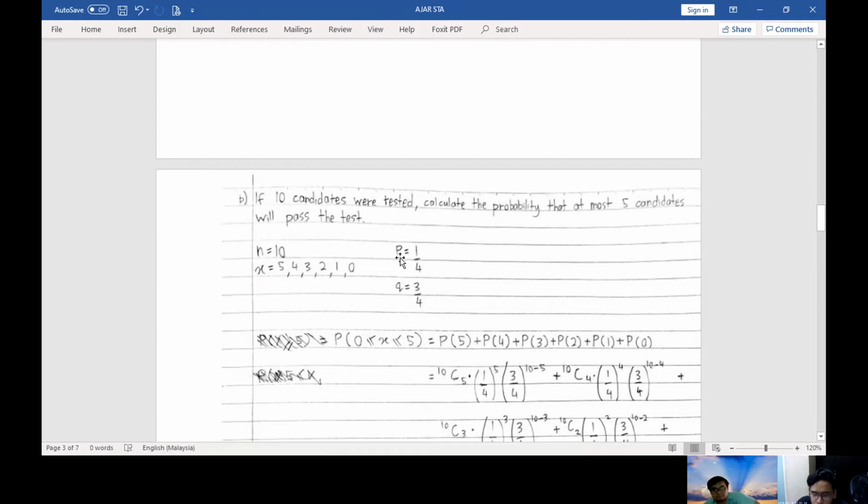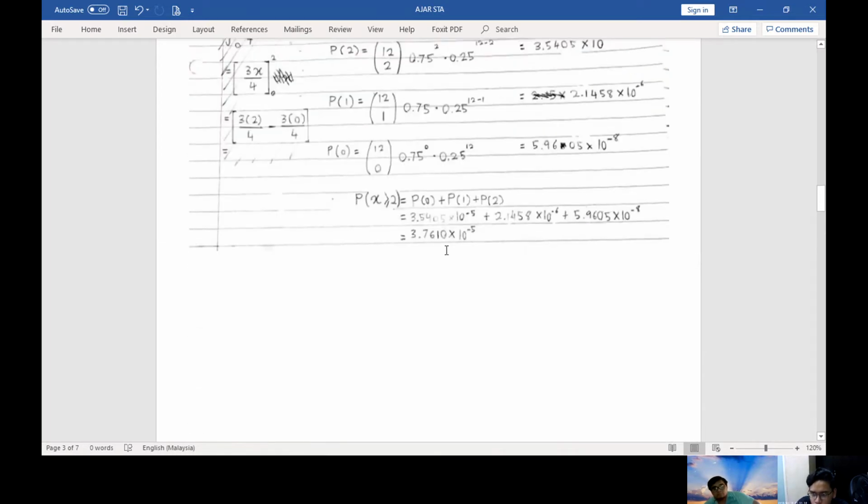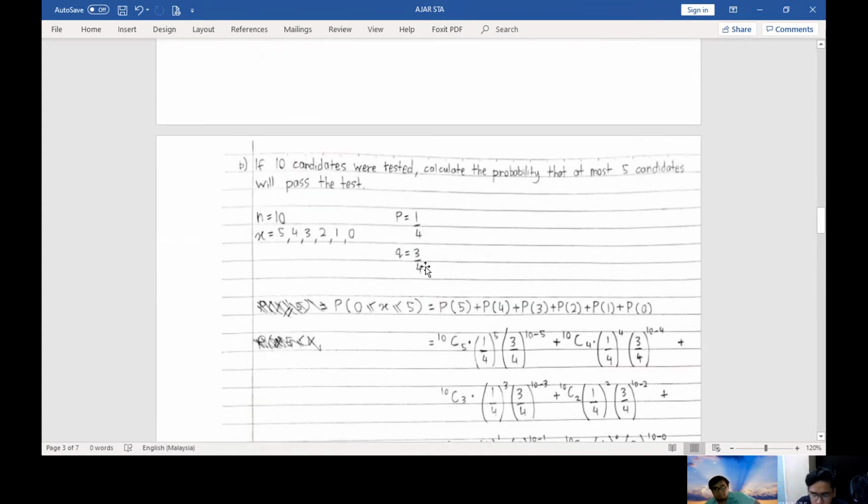So our P must be the successful rate for candidates who will pass the test, which is 1/4 because 0.25. So our Q is the rate of fail, which is 3/4. So our X, because the question is at most 5 candidates, we need to find 5, 4, 3, 2, 1, and 0.